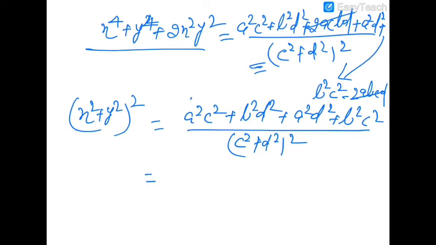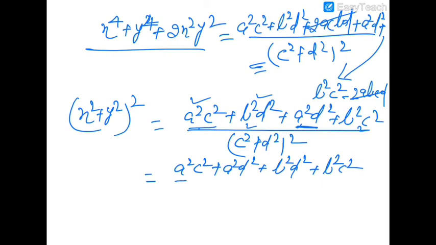Out of these, nothing is common, so you take this with somebody else. These two can be taken together and these two together. So we'll write A²C² + A²D² + B²D² + B²C² upon (C² + D²)².